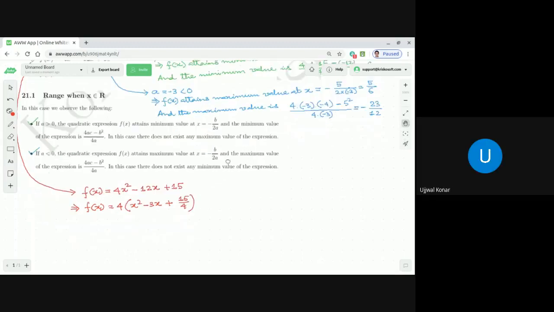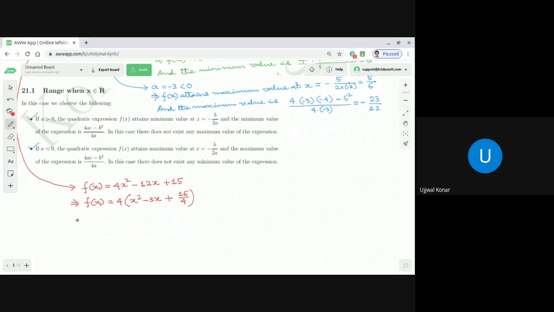After that, what will we do, dear students? f(x) = 4[x² − 2·x·(3/2) + (3/2)² + 15/4 − (3/2)²].